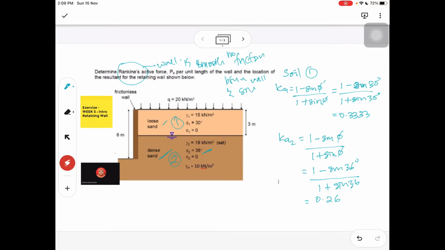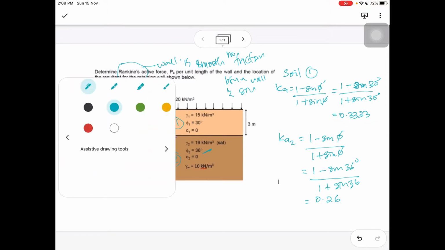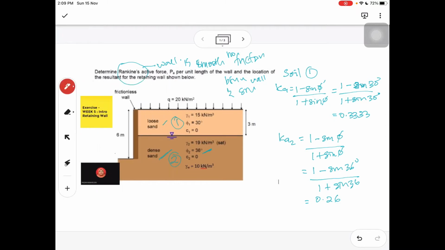Normally, when phi is higher, Ka will be lower. In this case, phi 1 is lower than phi 2. Phi 1 is 30, phi 2 is 36.